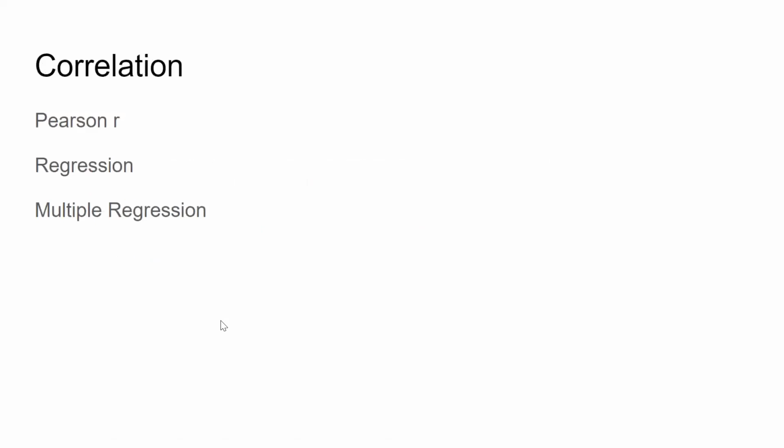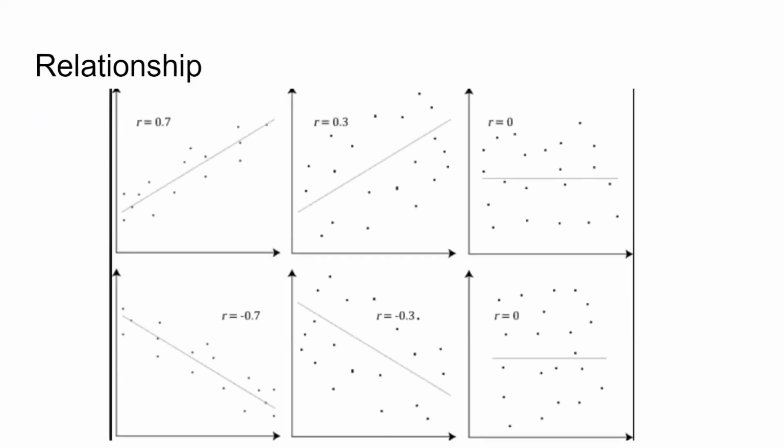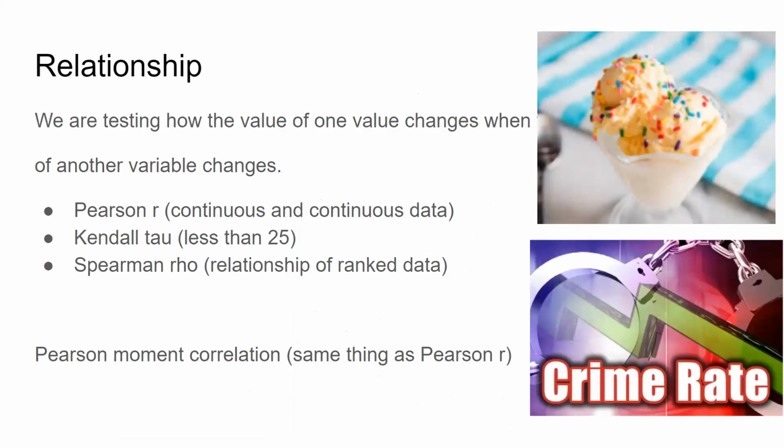Now we're going to bridge over into the world of relationships. For now, this is all I want you to know: Pearson R, regression, or multiple regression. For Pearson R, we will often see R equals something. And what this does is show us the strength of a relationship.